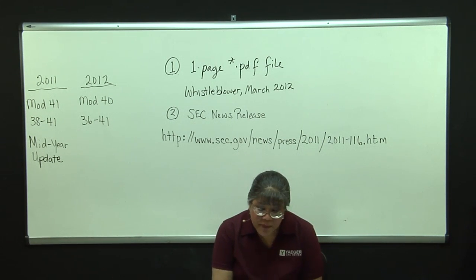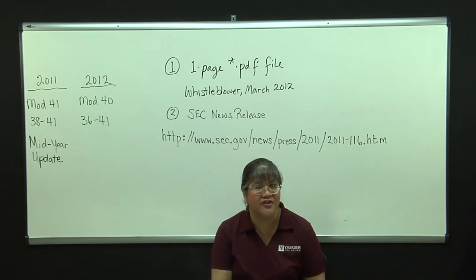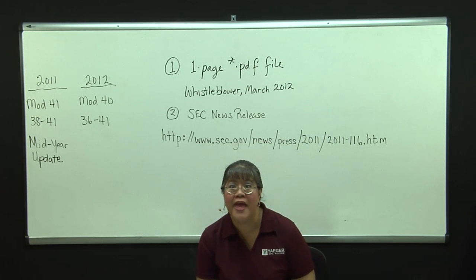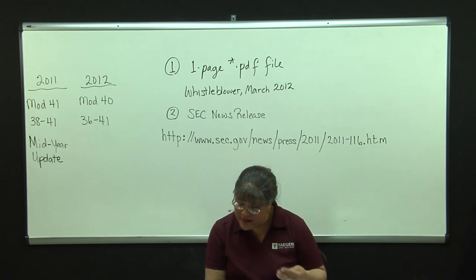And 3, employees of public accounting firms that are performing an engagement required by the securities laws, such as auditing that SEC registrant company. Okay, so that's sort of like a summary for you.